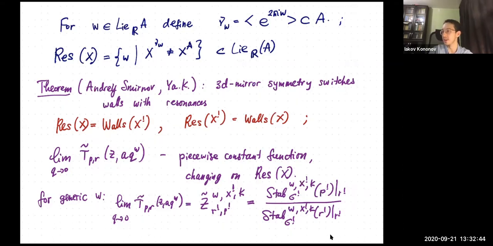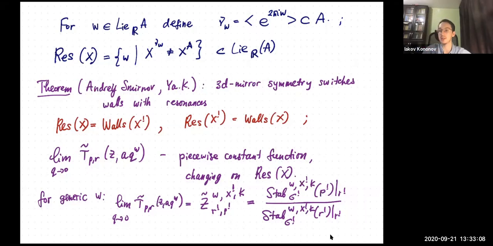Let's consider some shift of equivariant variables that is given by W. W is an element of a Lie algebra of a real element, and define the corresponding cyclic subgroup of the torus generated by that element.